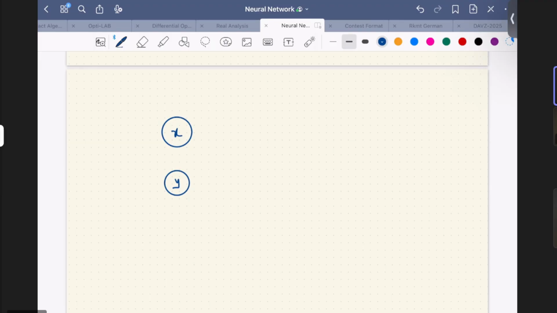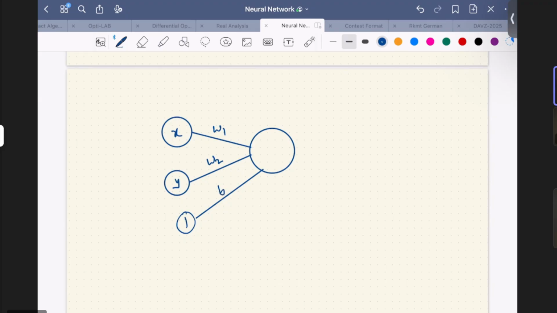Now, if the data is linear, one neuron is sufficient. This is w1, w2, and let's say a bias b.